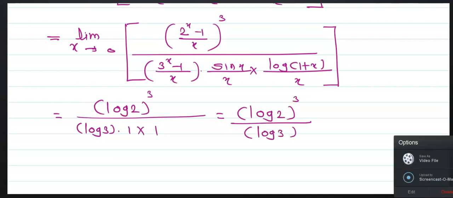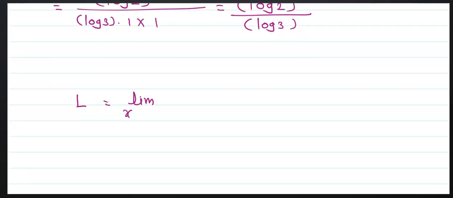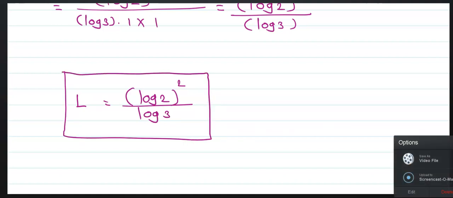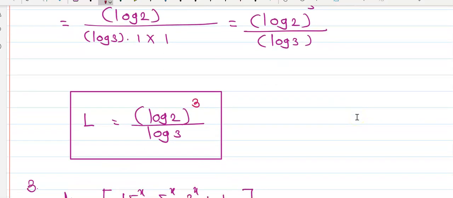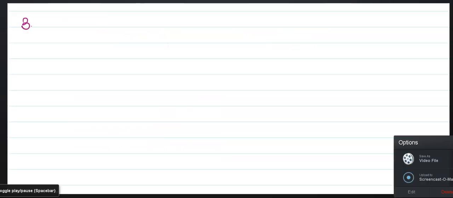Therefore, the answer is limit L is equal to log of 2 bracket cube upon log of 3. I wrote something by mistake, so I will show you again. That is L equal to log of 2 bracket cube upon log of 3. Now we'll see the next example.